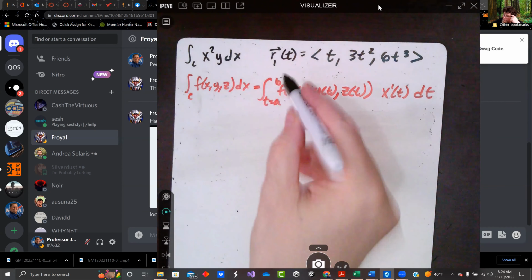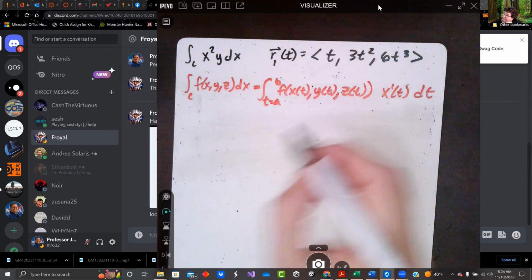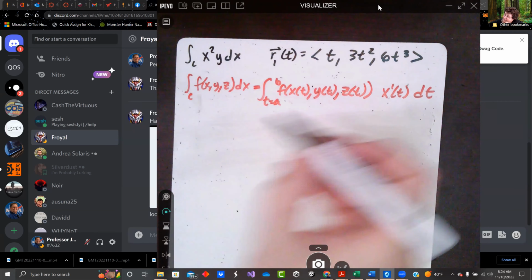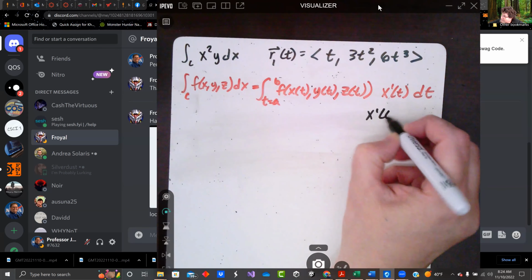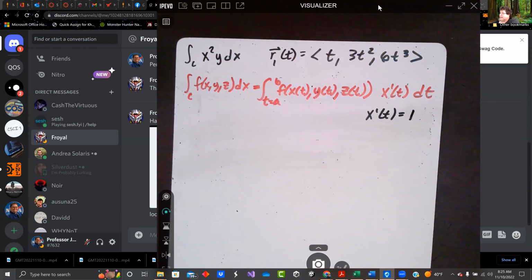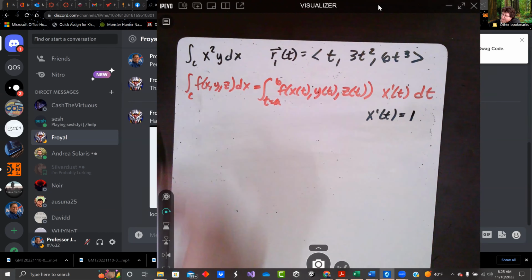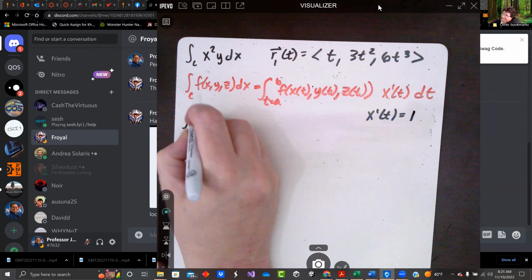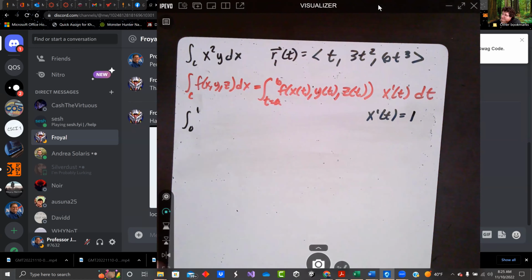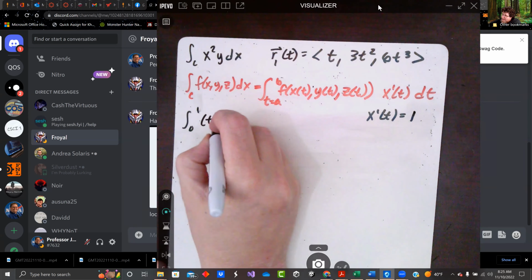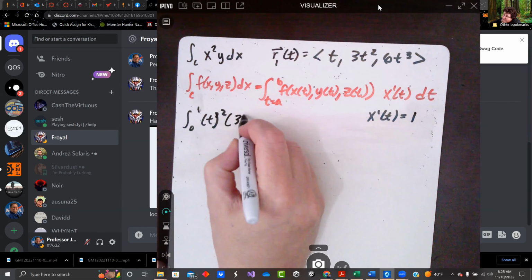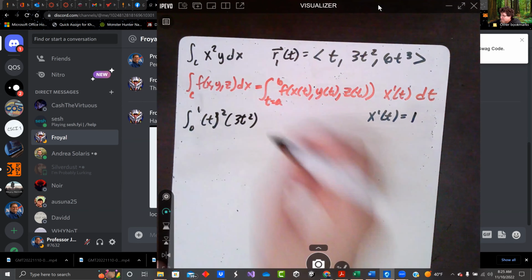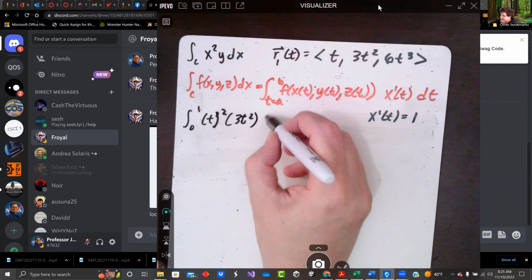We already know the derivative of the magnitude, but we're doing that. We want x prime of t. x prime of t is 1. So this curve changes from 0 to 1 for t. x is t squared, so x squared, and then we've got y is 3t squared, and we've got 1 dt.